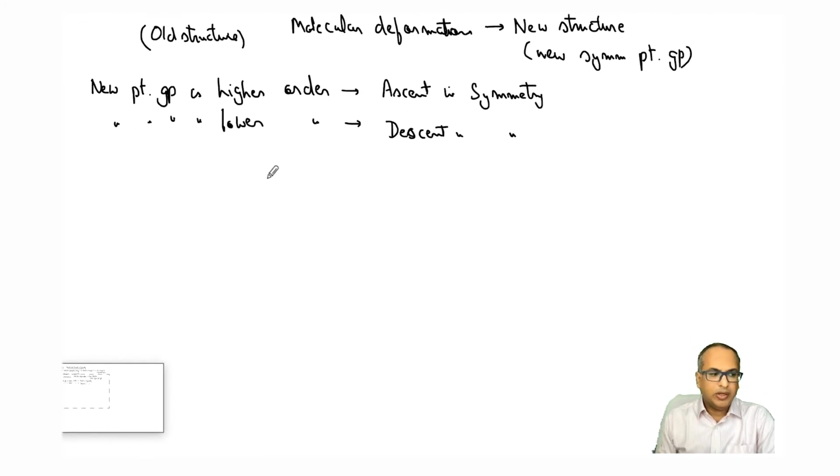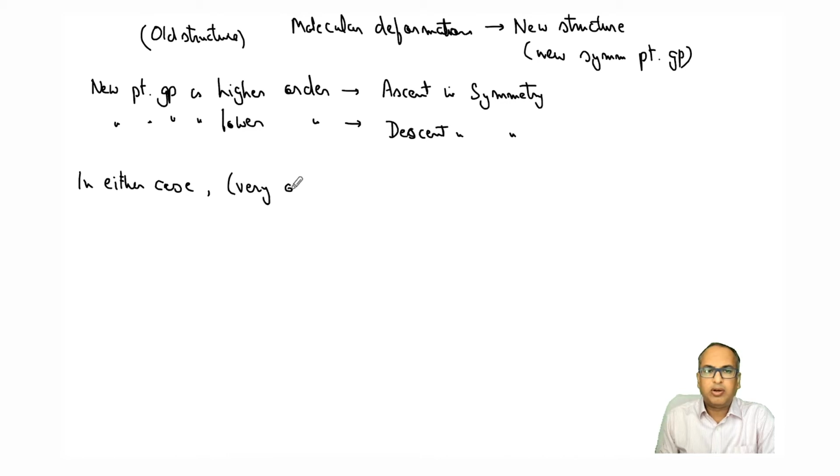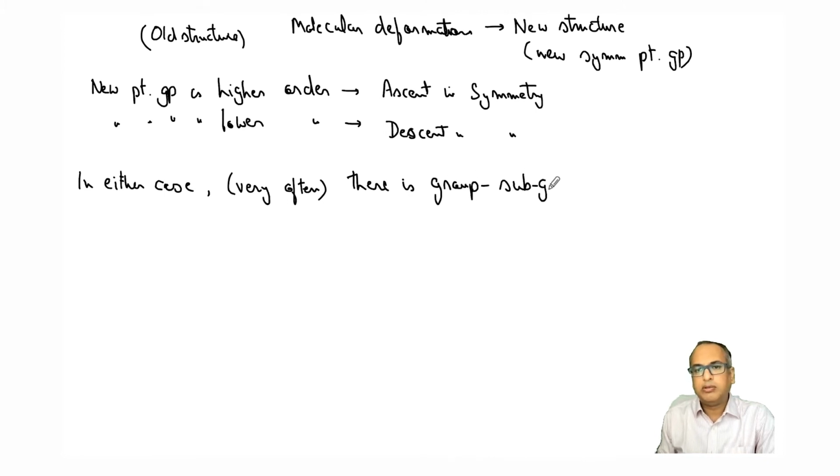Okay. So in either case, the important point is that very often, because it is not always, and we will discuss those cases also where it is not the case, there is a group subgroup relation between the old and new point groups.